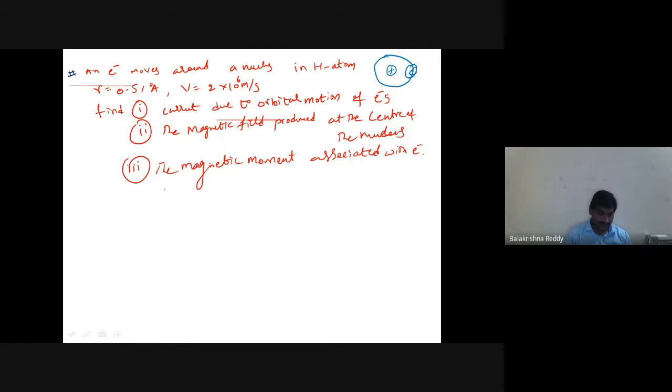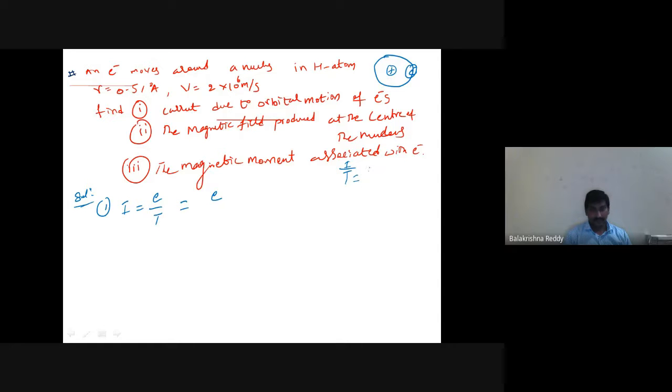So we know the basic current definition: I equals charge per unit time, e by T. Here e means the electron, which is revolving, and 1 by T is a time function.